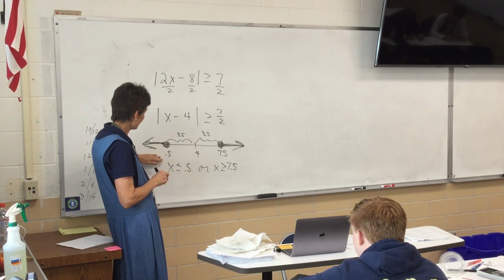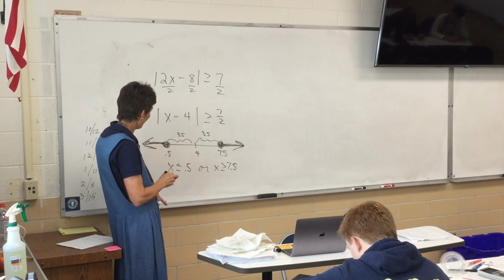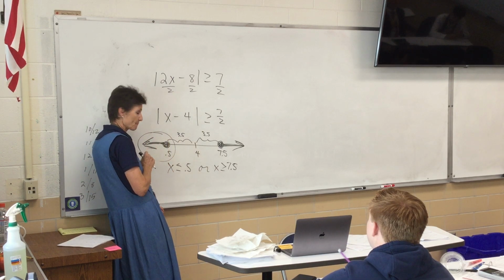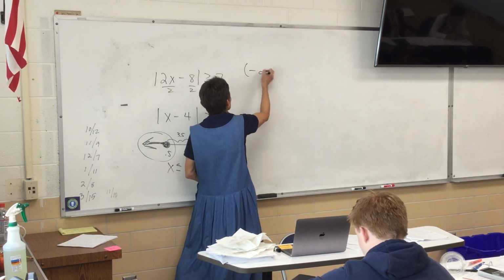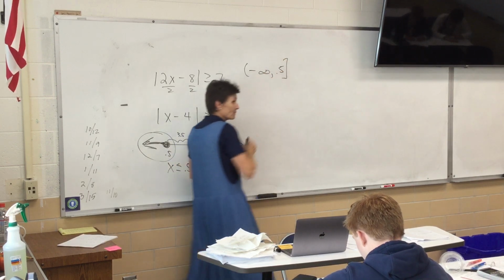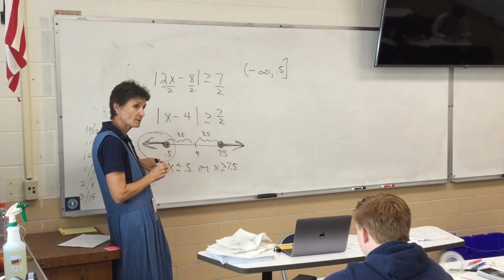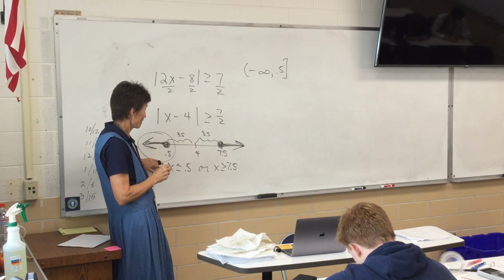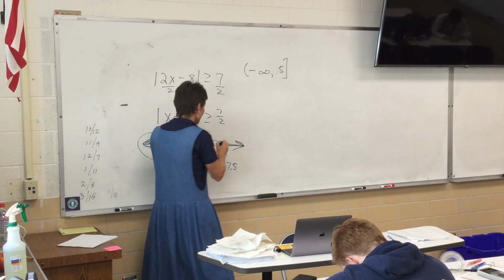All right, so take a look at this. What would this end look like? Negative infinity. How about that? Would everybody agree that's what we got going on here? Yeah. All right, what about here?